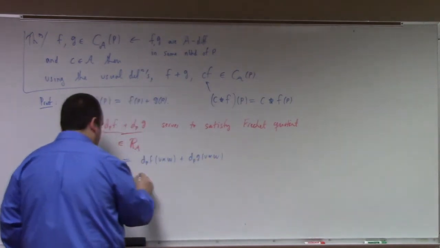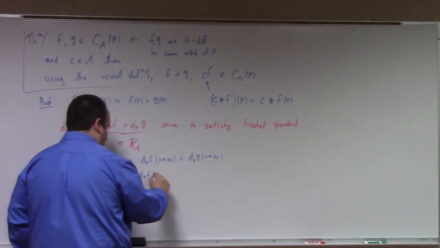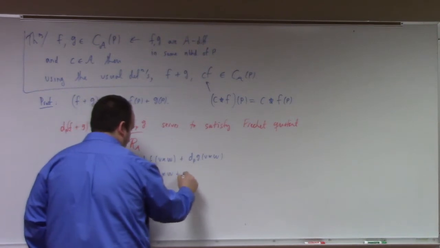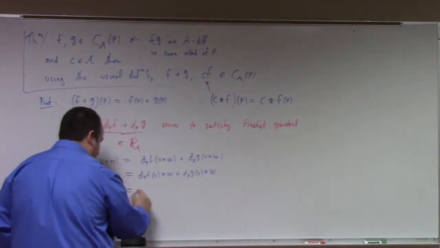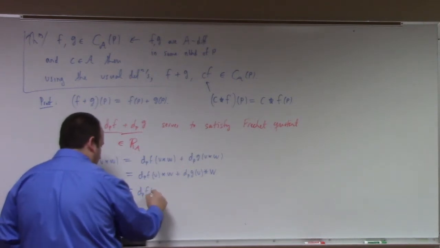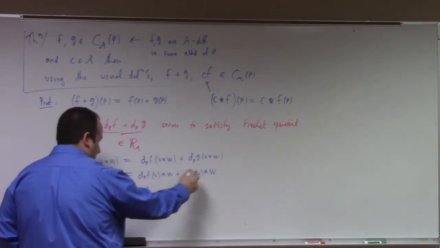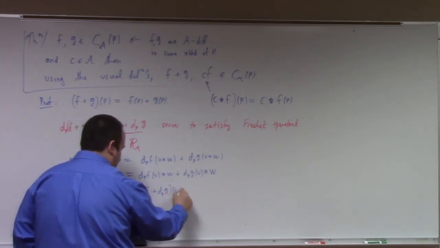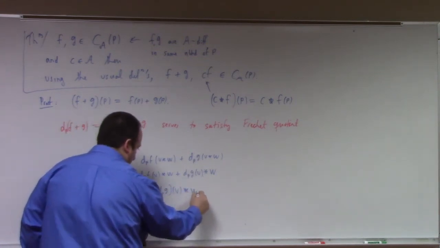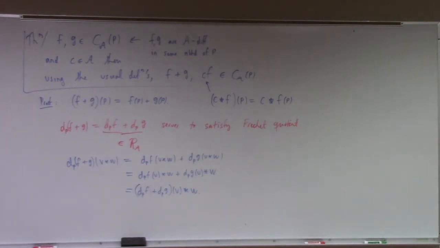Well, we can use the right linearity both times, right? But then we use the property of the algebra to rewrite that as, well, let me just skip a step. So we get d_p f plus d_p g all on v star w, right? Which, there you go, proves that the sum of the differentials is again a right linear map. So there we go.